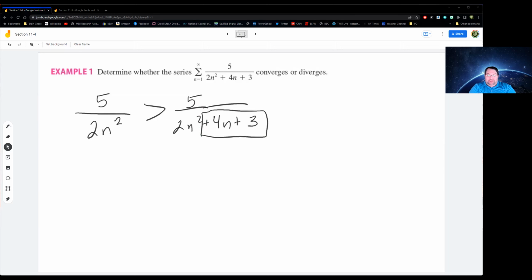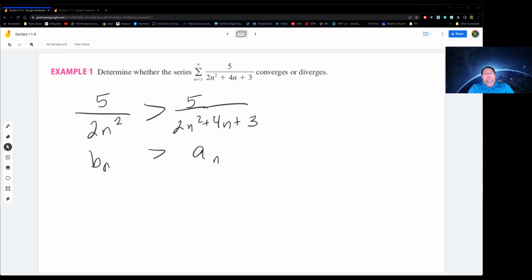So that means that part right there is always going to be bigger. The denominator is going to be bigger here, so therefore that function is going to be less. So that's step one. I need to make sure that my An is less than my Bn, or my Bn is greater than my An, depending on how you want to read it.